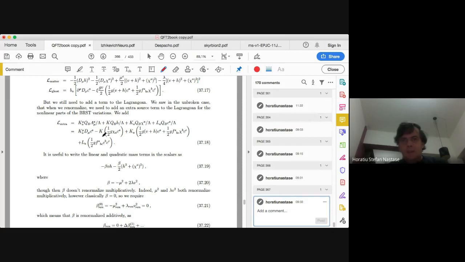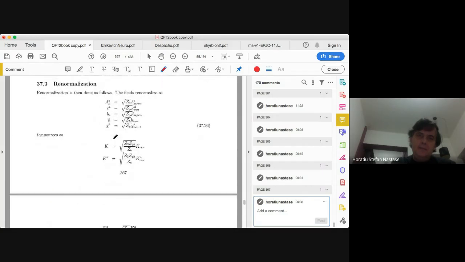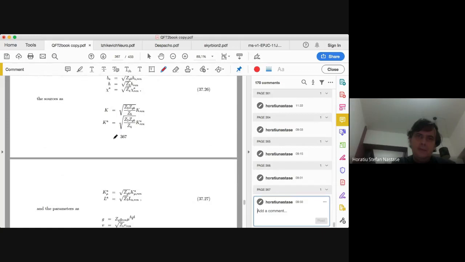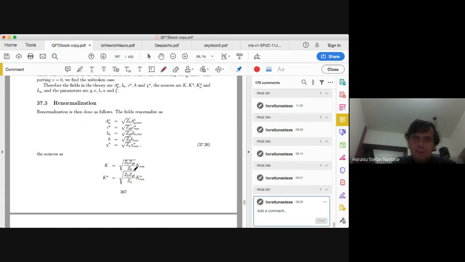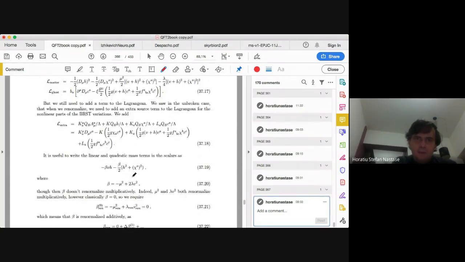K, as compared with B A del squared C A, so it should renormalize as B divided by K A. Oh, sorry, there's a coupling as well.